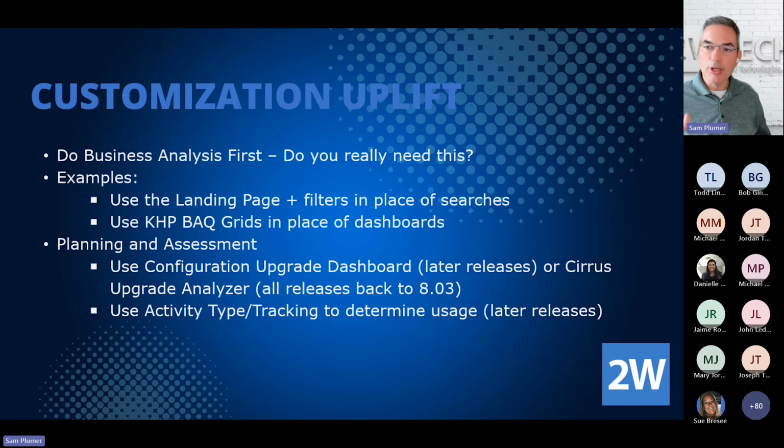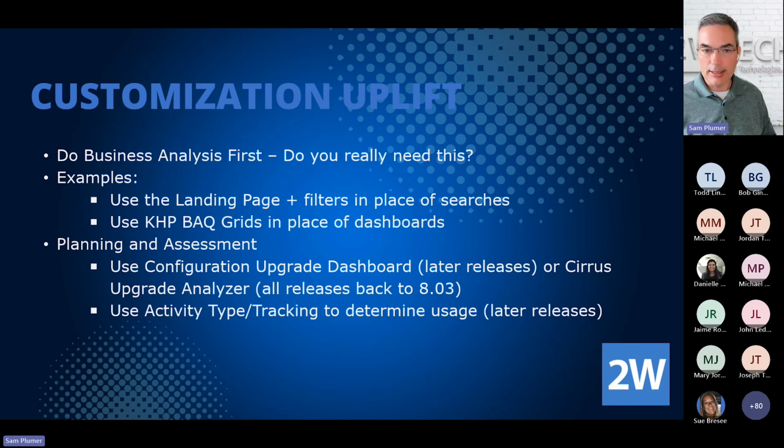And a landing page is a grid-based screen of existing records that comes up. So for example, when you launch sales order entry in Kinetic, the first thing you see is the landing page, which displays a paginated grid of sales orders.